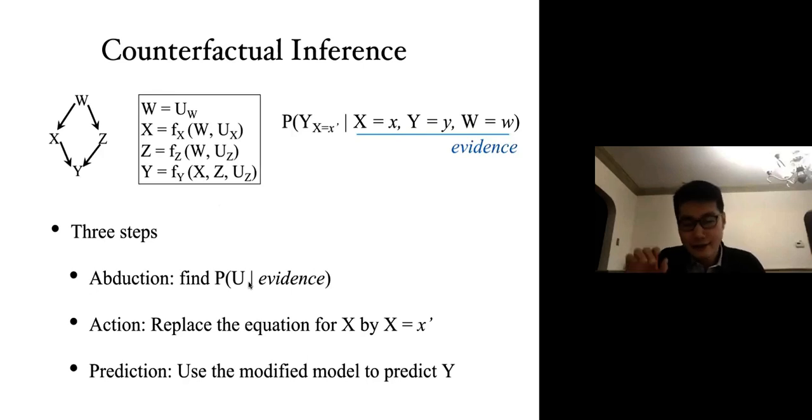And in the causal process, those things will influence the variable that we observe, right? So from the evidence, we can infer the distribution or value of the exogenous noise, and then we keep their value and change the value of X, and then we can do inference, we can do prediction.